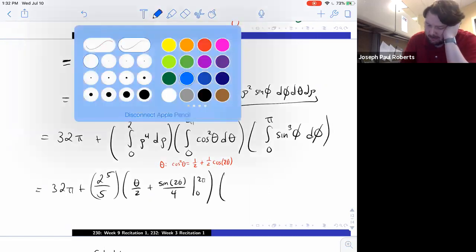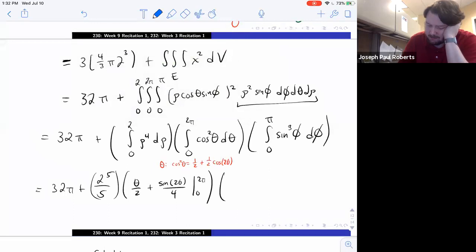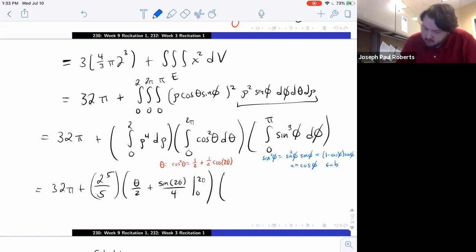For phi, you're going to need to use the fact that sine cubed phi is sine squared phi times sine phi, which is 1 minus cosine squared phi times sine phi, using the Pythagorean theorem. And then I hit it with a u equals cosine phi substitution. I get that this is minus (1 minus u squared) du, because this sine phi here is minus du.